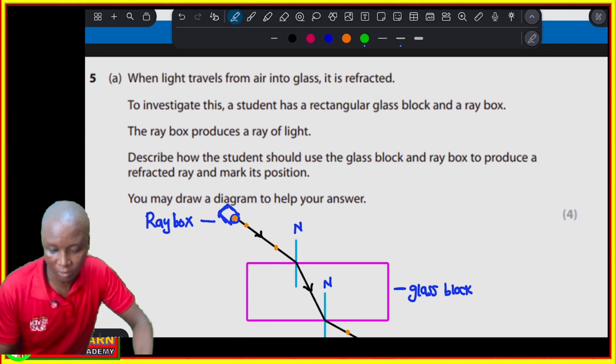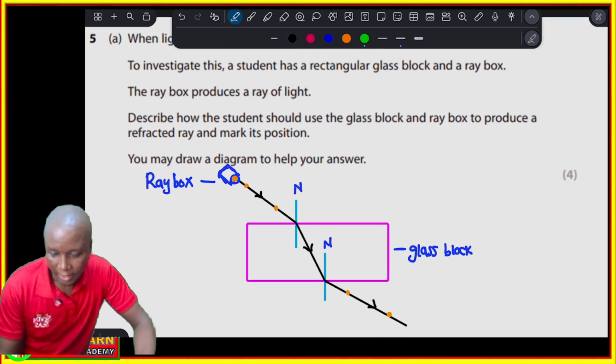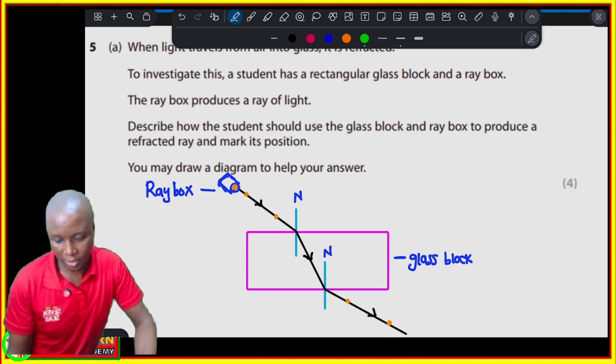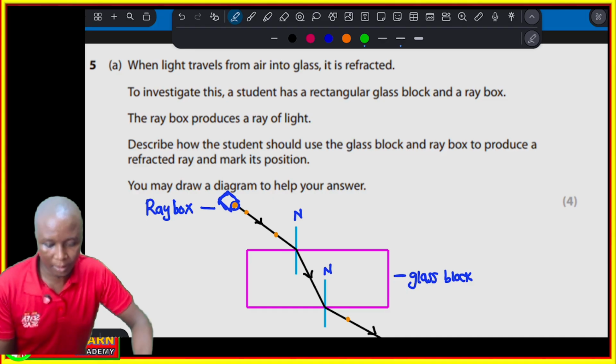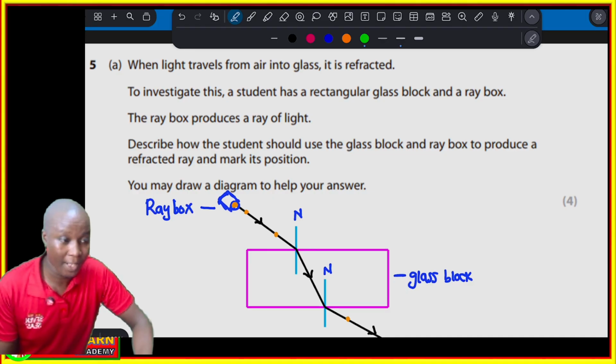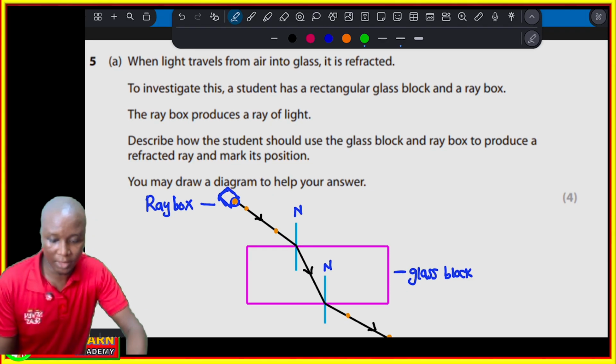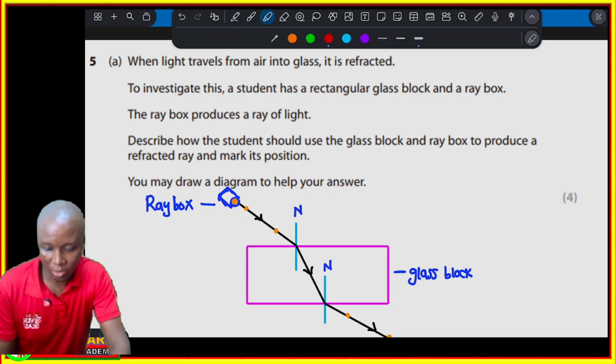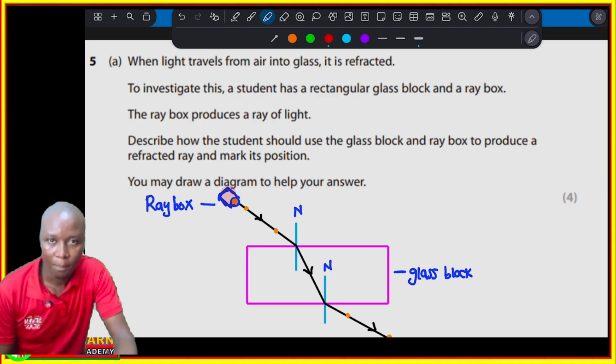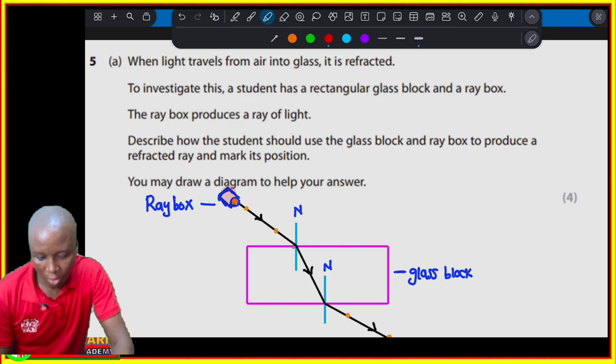Moving further, we now have to move to light. So we need to move to refraction of light. Candidates were supposed to describe how the student could use a glass block and ray box to produce a refracted ray and mark its position. Whenever you are given this question, you need to understand the ray box has the purpose of producing a straight ray of light, and then you are going to direct that ray of light to the glass block.